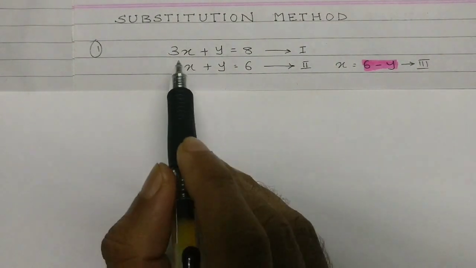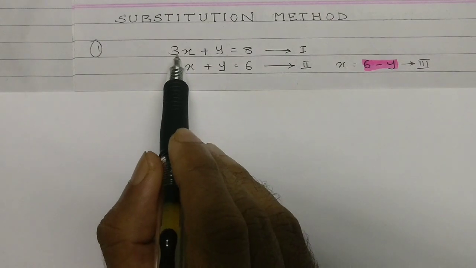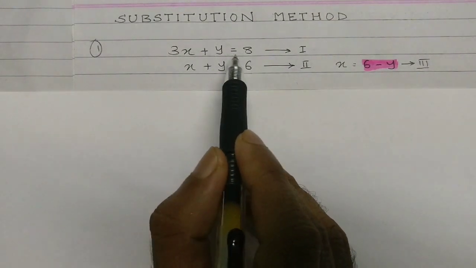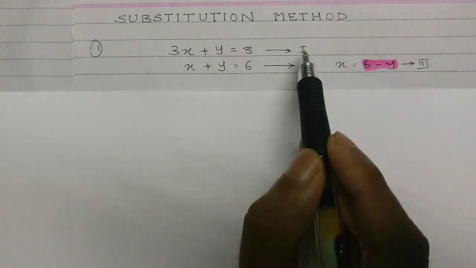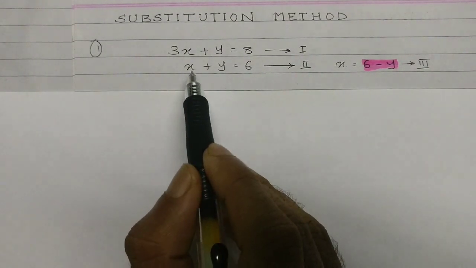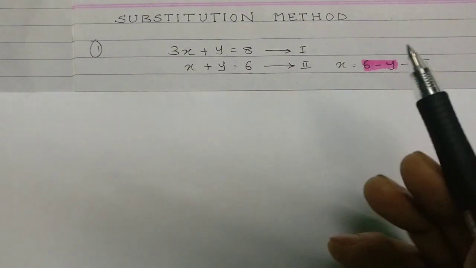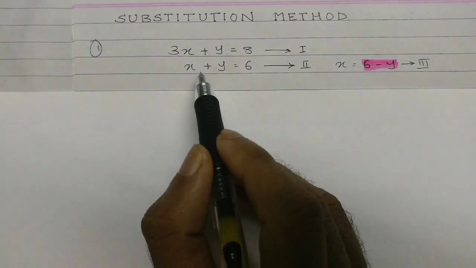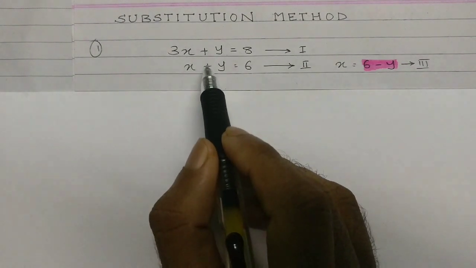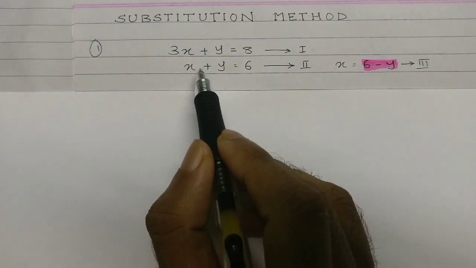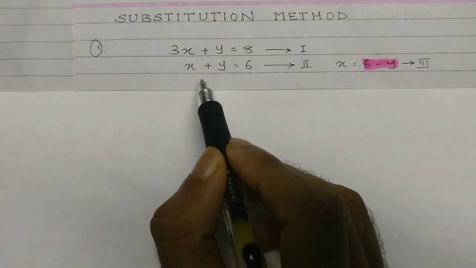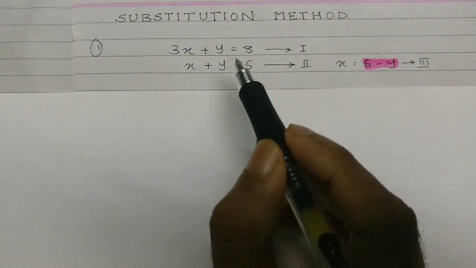Okay, so I have the equation here which is 3x plus y is equal to 8. That's my first equation. The second one is x plus y is equal to 6. Now what am I doing? I will take one equation, either 1 or 2, and reframe it the way I want it. Now, which one should I consider?